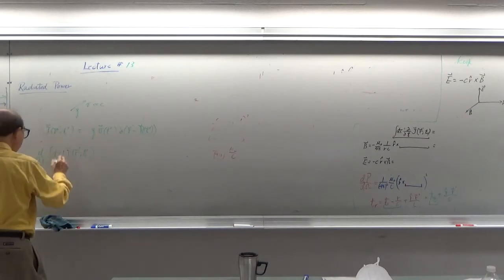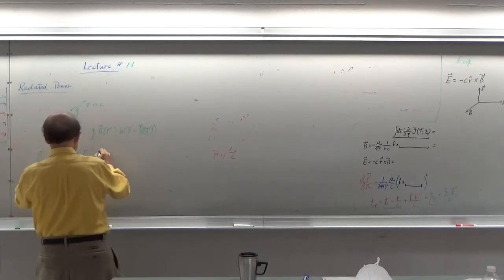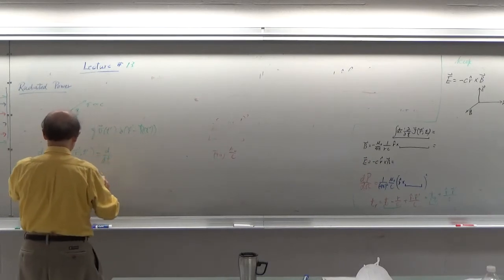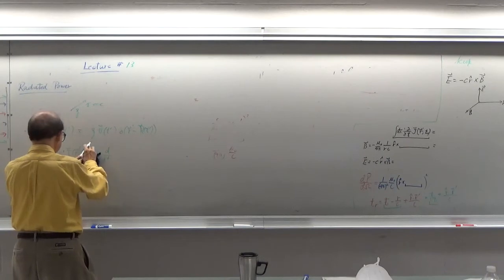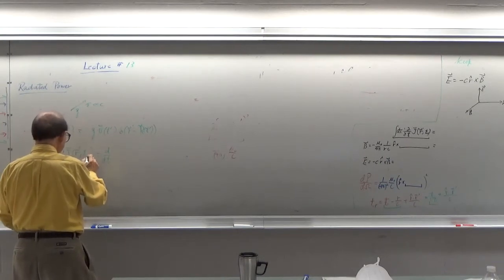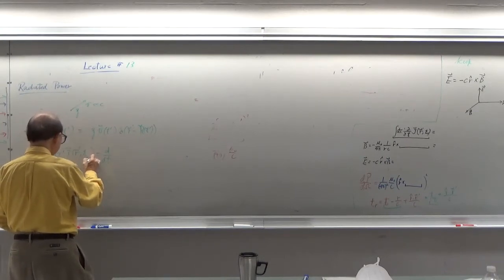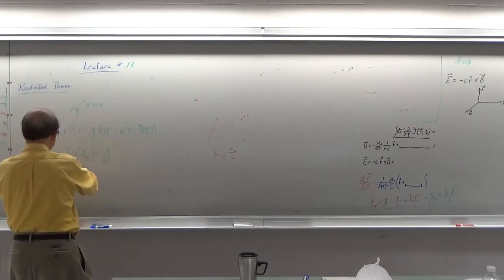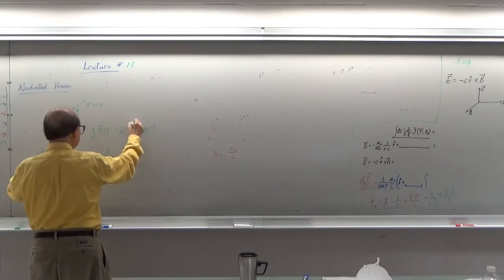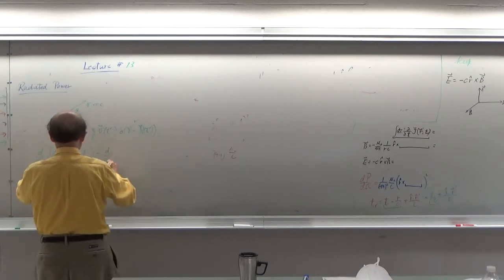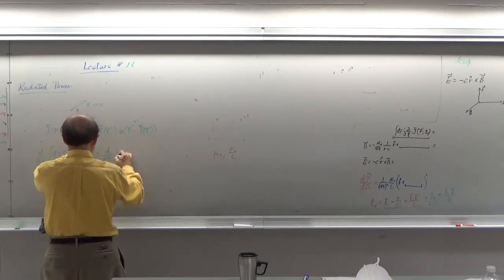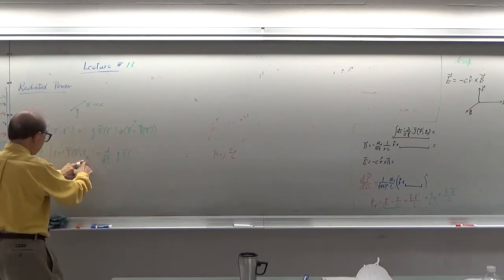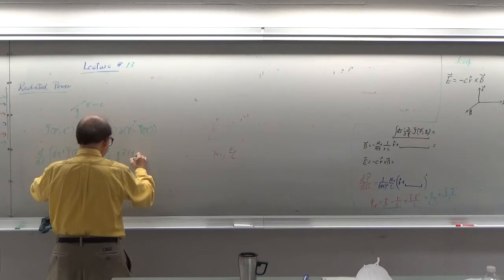And this would be d/dt, now approximated at the emission time. This volume integral will take care of this delta function. So I'm left with d/dt acting on Qv evaluated at the emission time.